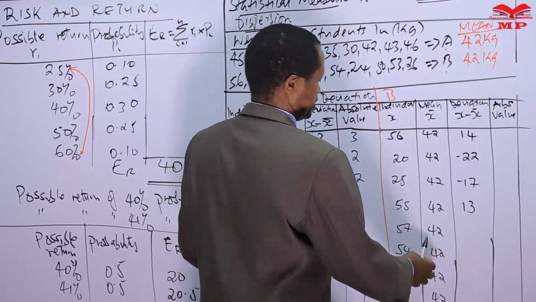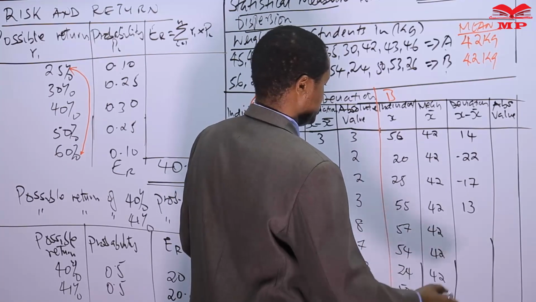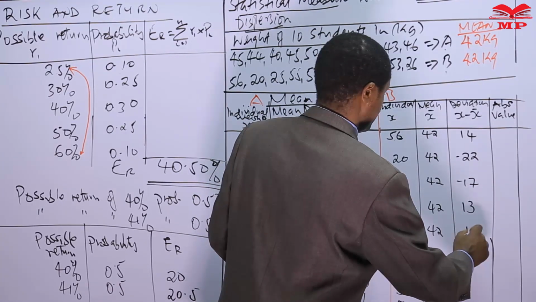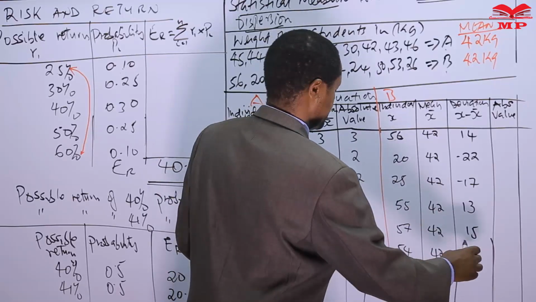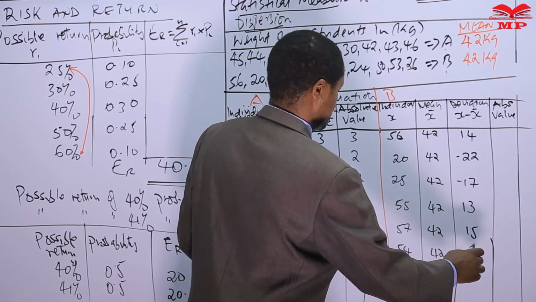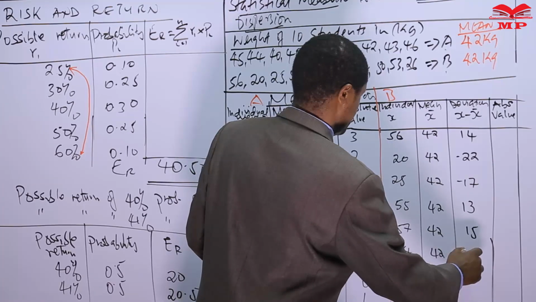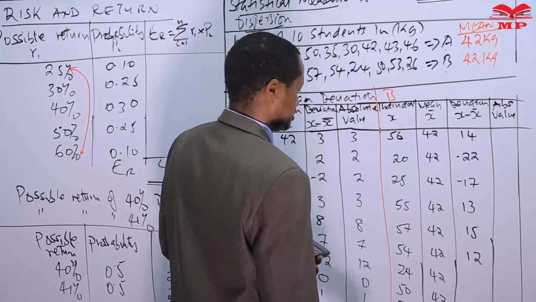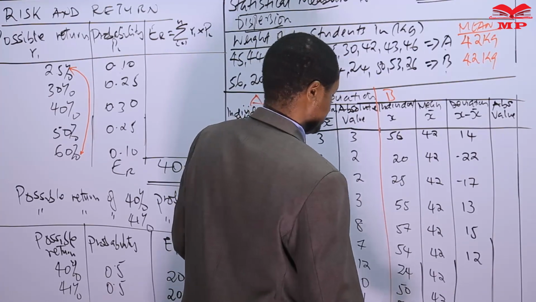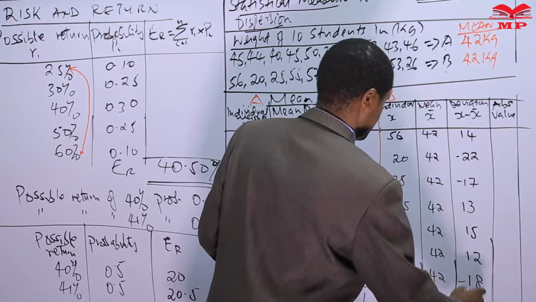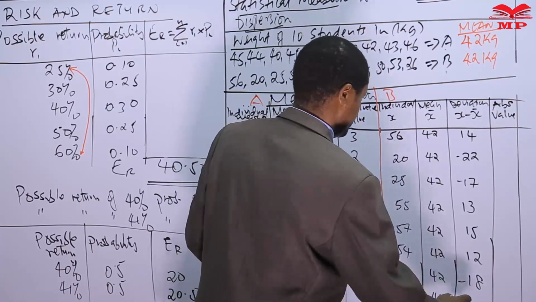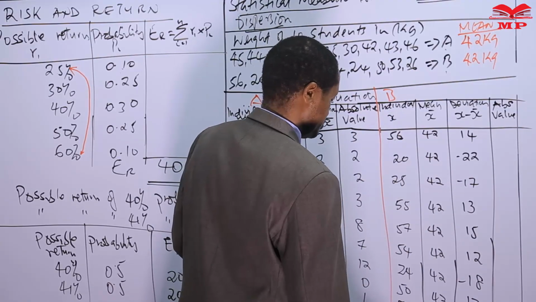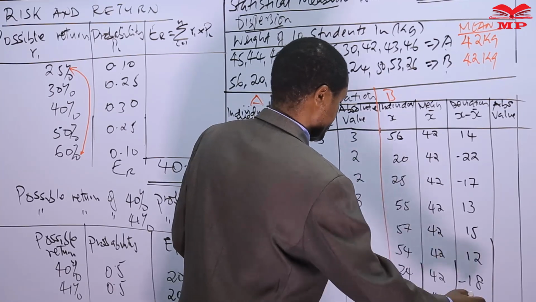57 minus 42 is equal to 15, then 54 minus 42 will be equal to 12. 24 minus 42 is equal to negative 18. 50 minus 42 is 8. 53 minus 42 is equal to 11.